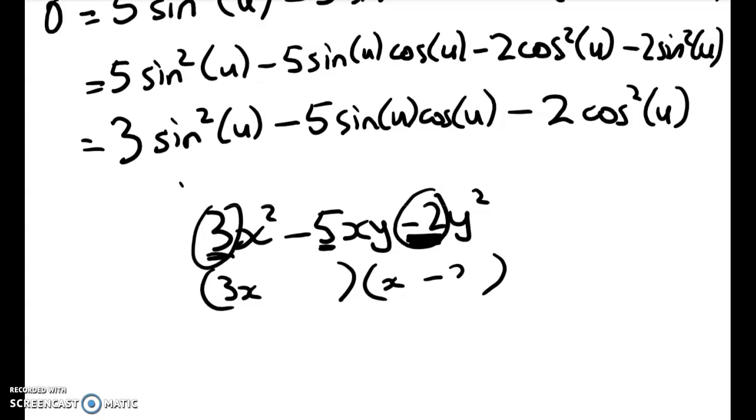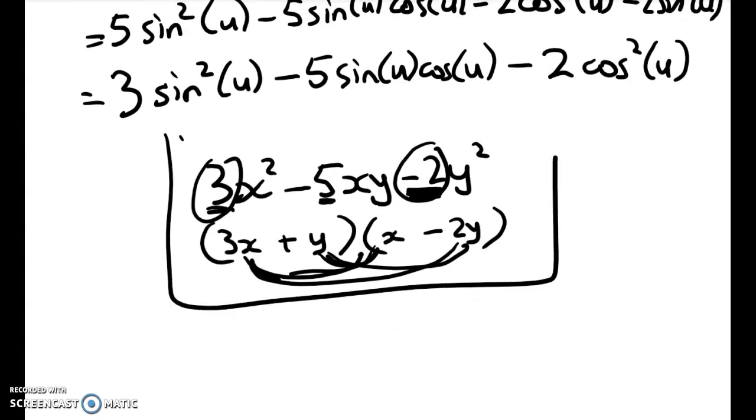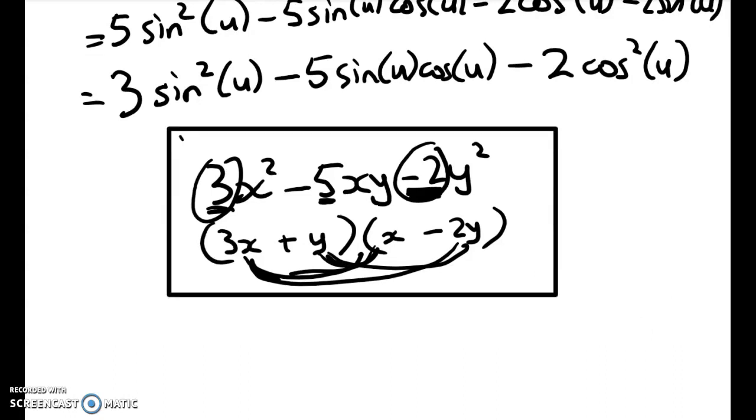If we put a minus 2y here and a plus y here, let's look at whether that's going to work. So that gives me 3x squared plus xy minus 6xy minus 2y squared. So that's what we're after. I'm going to go back and do that with my trig functions now. So let's just put that into a little box here and keep on going.